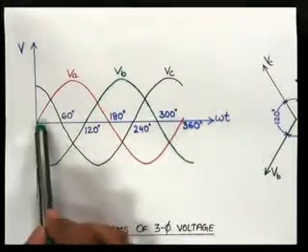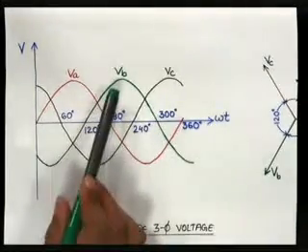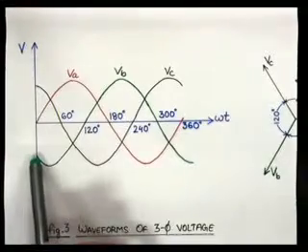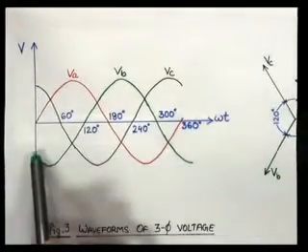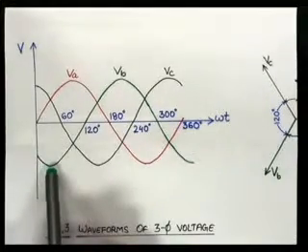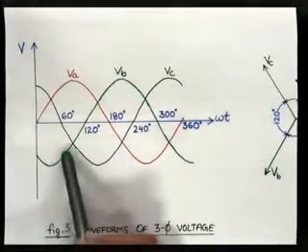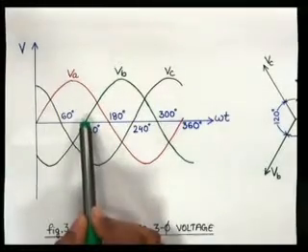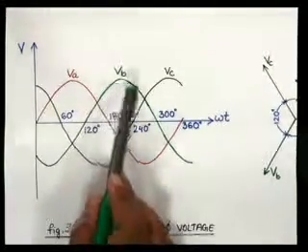At the same instant, your voltage VB is lagging behind VA by 120 degrees, and it is increasing towards the maximum value, but in the negative direction. Then it starts decreasing, it comes to 0 and then it further increases.